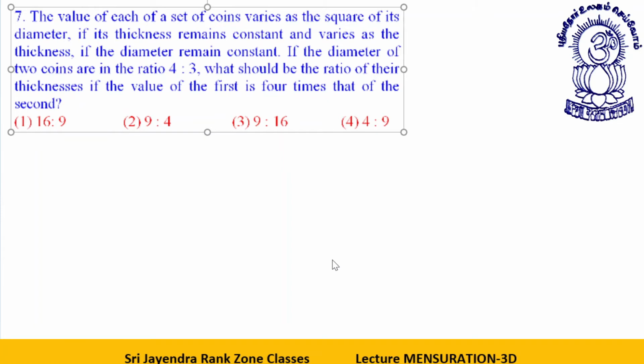The value of each of a set of coins varies as the square of its diameter if the thickness remains constant, and varies as the thickness if the diameter remains constant. If the diameters of the two coins are in the ratio 4 is to 3, what should be the ratio of their thickness if the value of the first coin is 4 times that of the second coin?